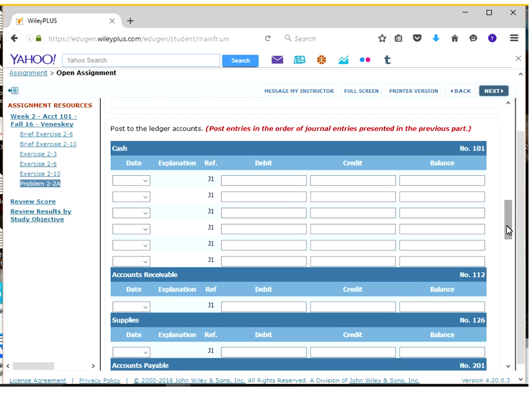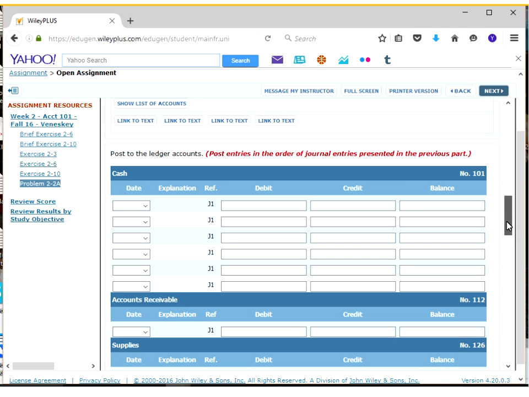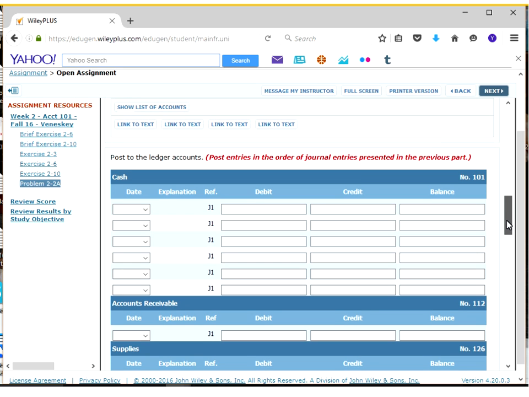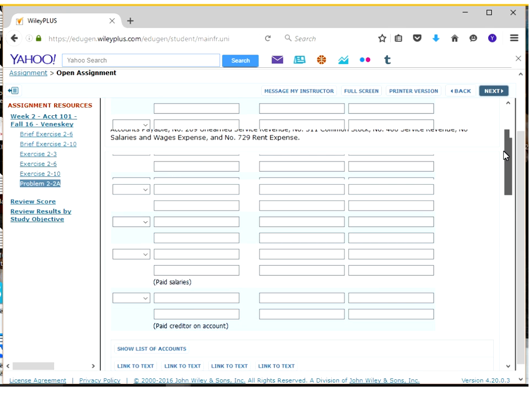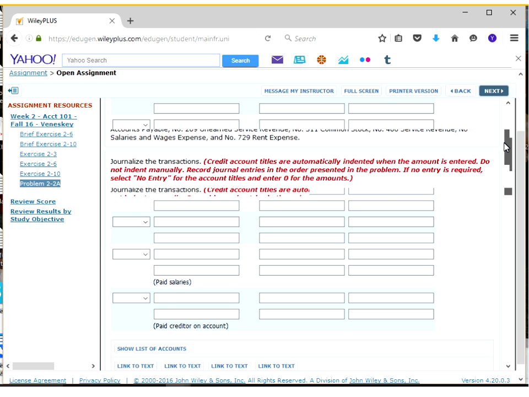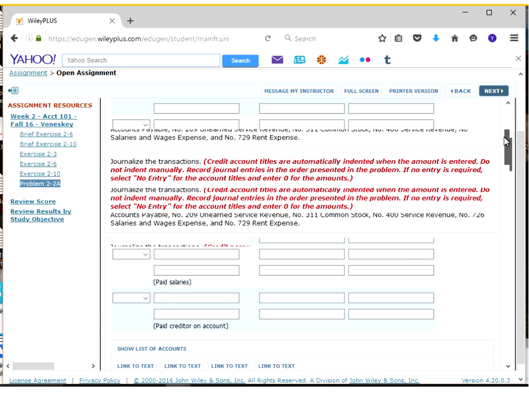That's the new part with this one. They're going through and helping to reinforce that a T-account can show a balance at any point. So let's work through maybe the first 4 or so.